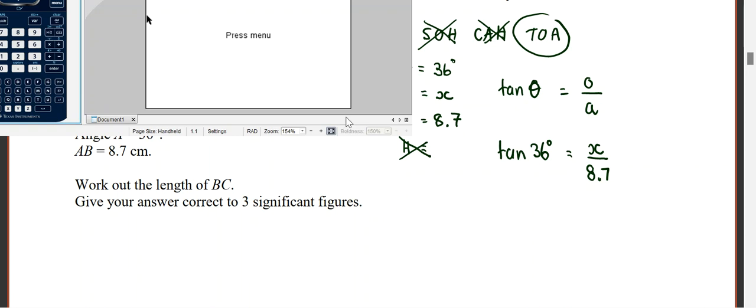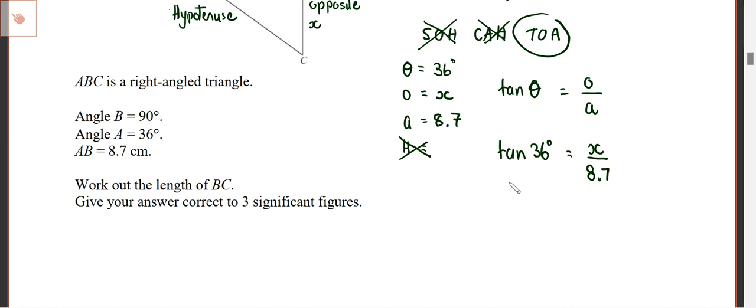Have you got the answer already? Is everyone sure what you're doing? So tan of 36 is 0.726542. Okay, we'll stop there.